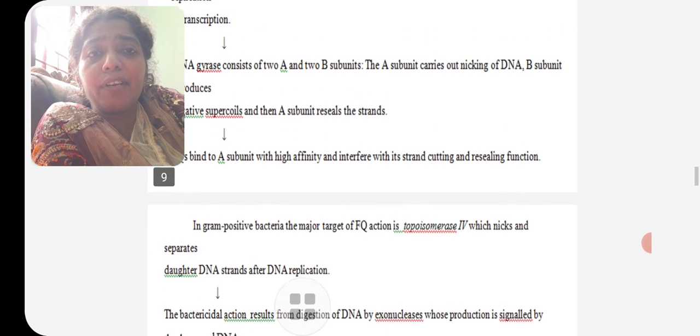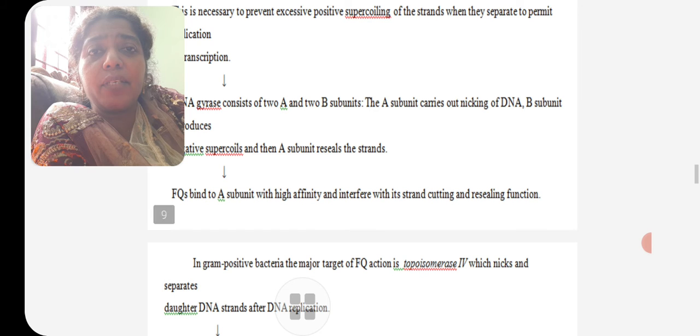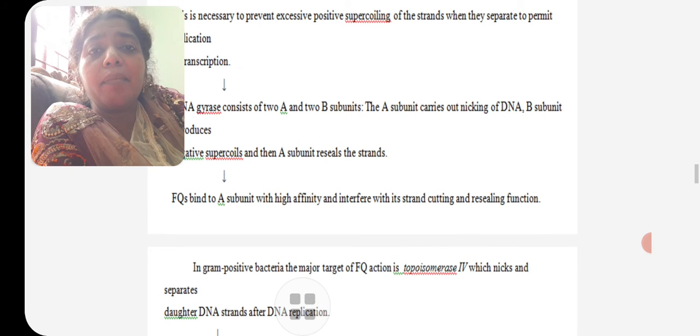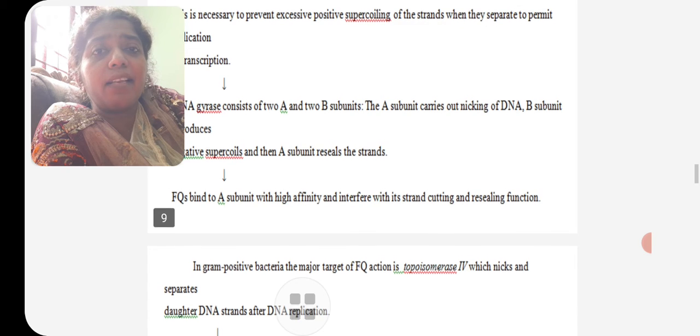And our drug, fluoroquinolones, will be binding to the A subunit and inhibiting the nicking and resealing function. What will our drug be doing? It will be binding to the A subunit and inhibiting the nicking and resealing function.